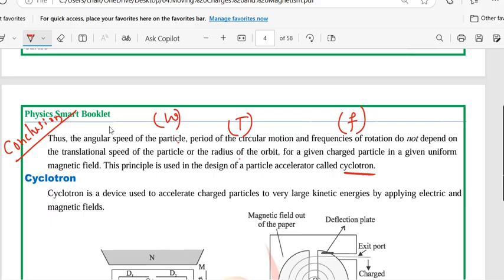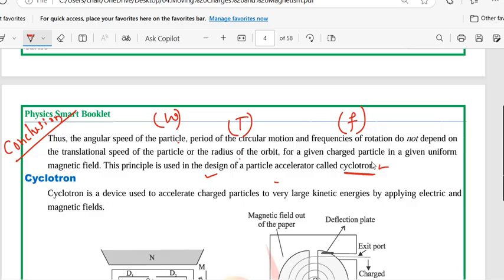So we will say that the angular speed of the particle, the time period and also the frequencies of the rotation will not depend on the translational speed of the particle or the radius of the orbit, for a given charged particle in a given uniform magnetic field. So in that condition, this principle can be used to design a particle accelerator. See, this is called a cyclotron.